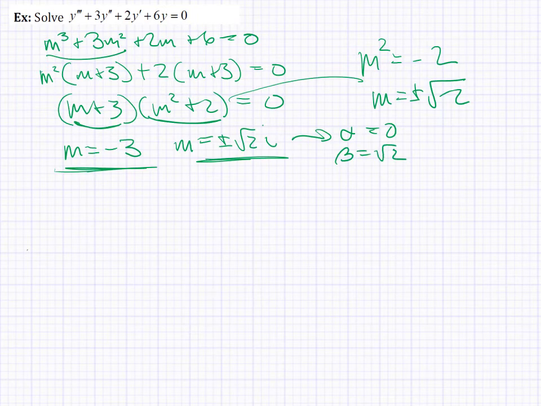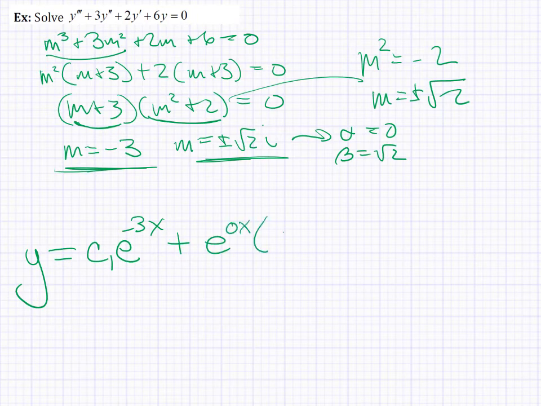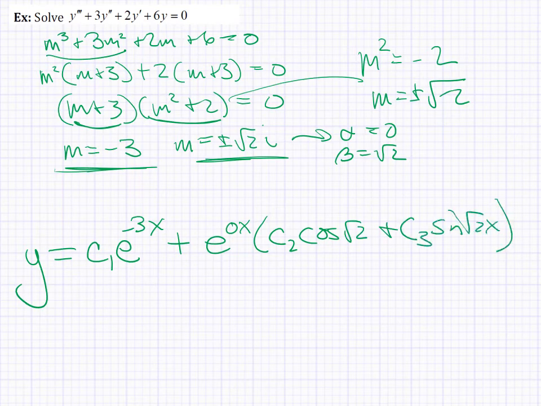And so if we're going to write the general solution, it should be c1 e to the -3x, that's the real solution, plus e to the 0x times c2 cosine square root of 2x plus c3 sine square root of 2x for a complex pair. We probably wouldn't write this e to the 0x in there.